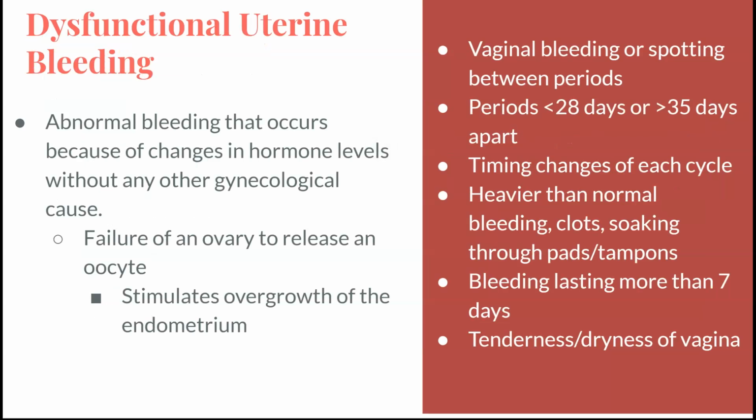Dysfunctional uterine bleeding. Please see previous slide. It also can be women whose cycles are heavier than normal, soaking through pads or tampons with no possibility of pregnancy, periods that are shorter than 28 days or greater than 35 days, right?